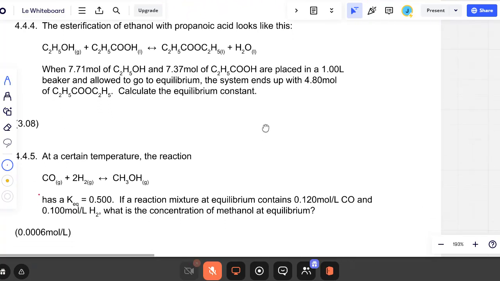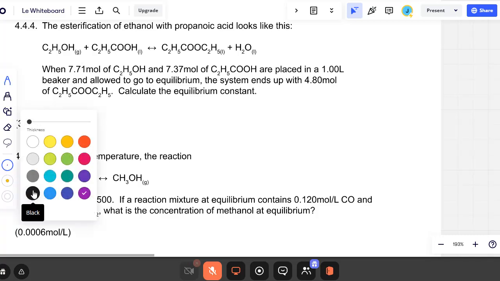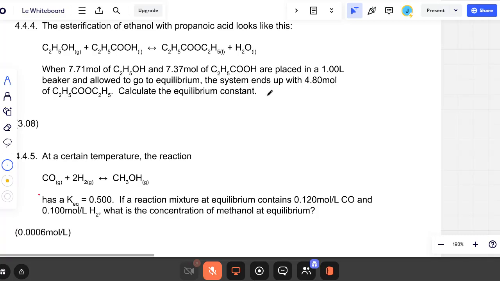Let's do another one. This one's kind of painful to write out, but that's okay, we're tough. Okay, so C2H5COOH, that's propanoic acid, is in equilibrium with C2H5 something, what is that?